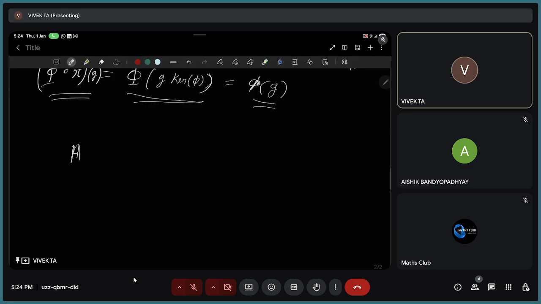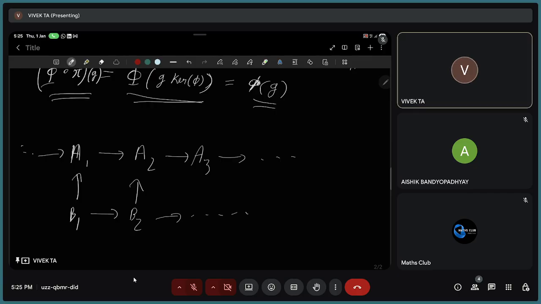Let's say A1 to A2 to A3, these chains of maps, and then you can map them to other chains B1, B2, B3, dot, dot, dot. So you might have this kind of diagram, and you might not be sure exactly what the properties are.